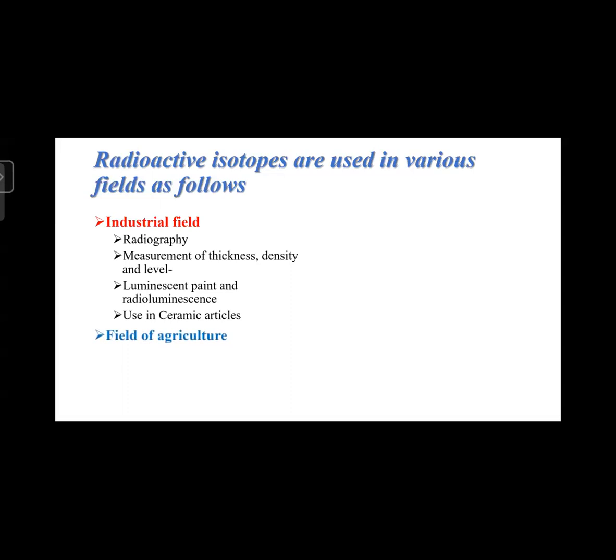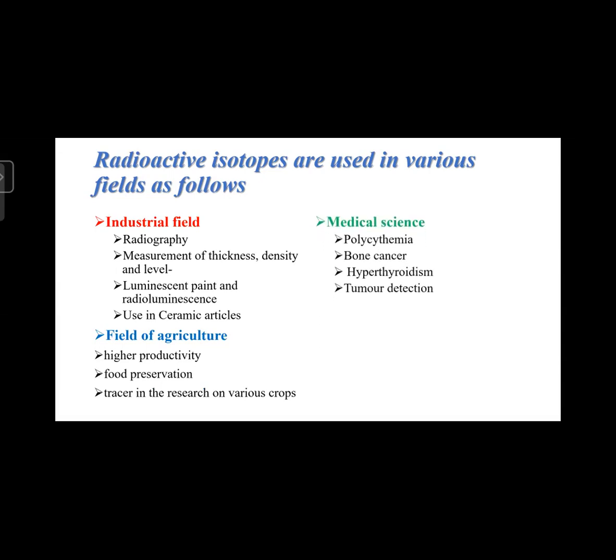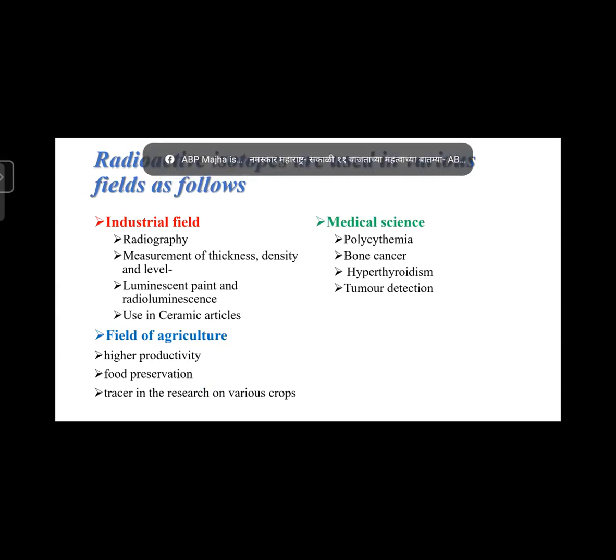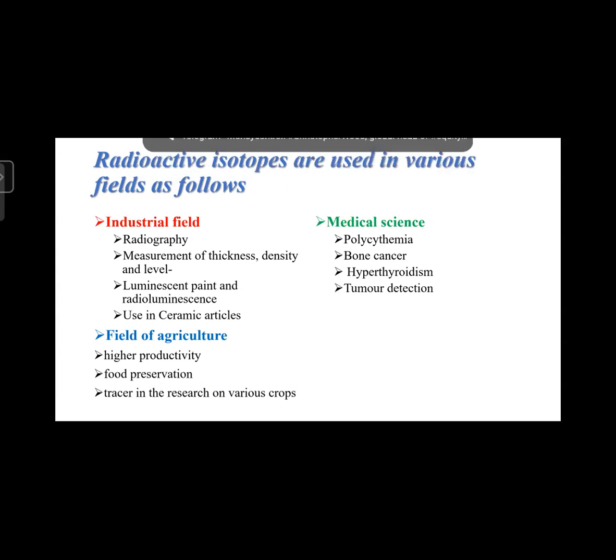Next is the agricultural field: increasing productivity, food preservation, and tracers for research in various crops. And the third field is the medical field, for diseases like polycythemia, bone cancer, hyperthyroidism, and tumor detection and treatment also.